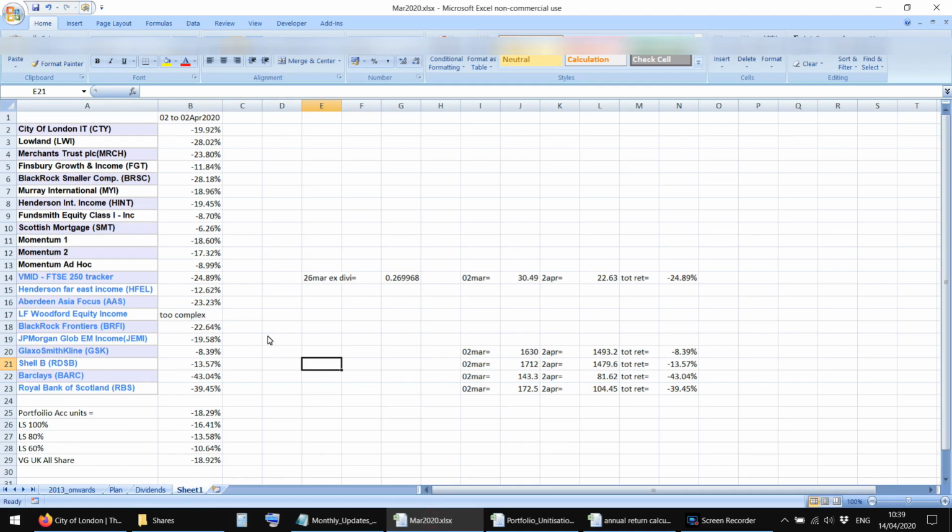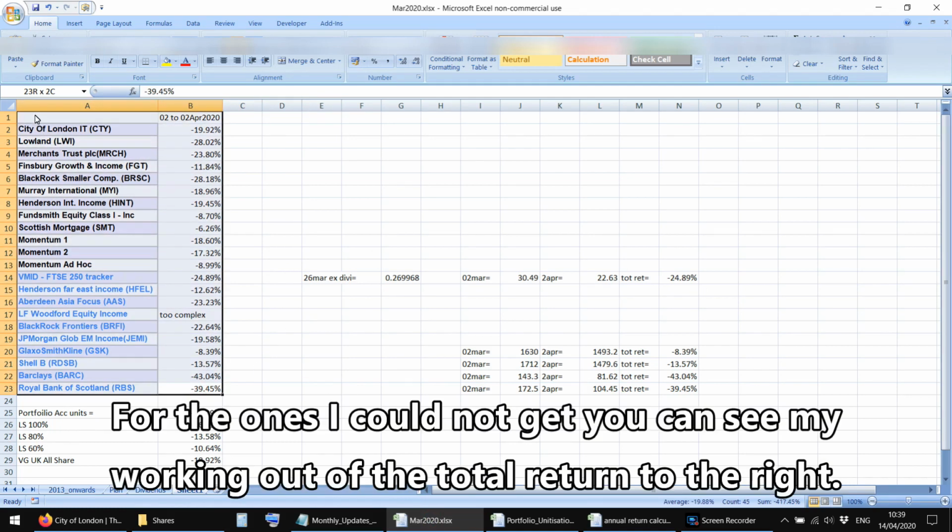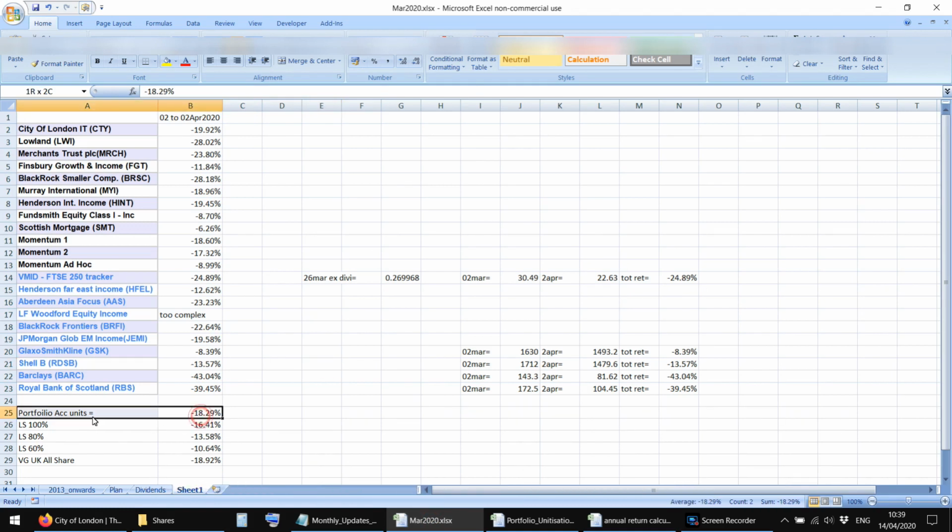So I've just collated the information here to show which ones of my portfolio are doing better than the others. So my whole portfolio went down by 18.29%. So I suppose that's kind of the weighted average of all of these performances for each one.